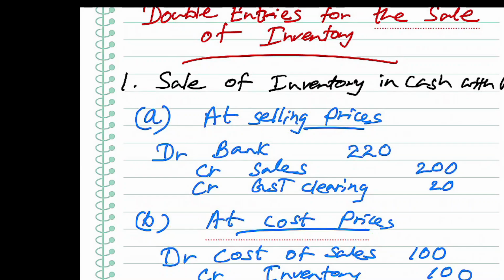When we do the selling price, we debit the bank, including the GST, we credit sales 200, credit GST clearing 20 at the selling price. Then we have to do another set of double entry at the cost price: cost of sales expense increases 100, then inventory decreases by 100.